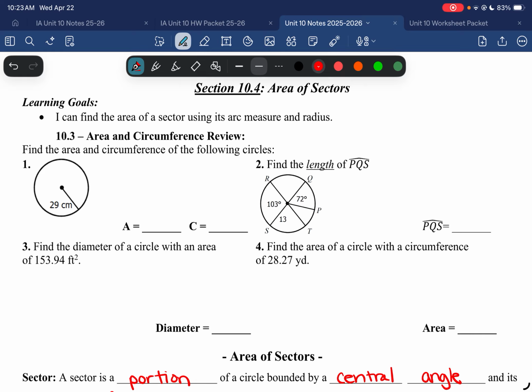So number one is area and circumference. We're going to find the area. Our area formula is pi r squared, and our r is this 29 centimeters. So pi times 29 squared.